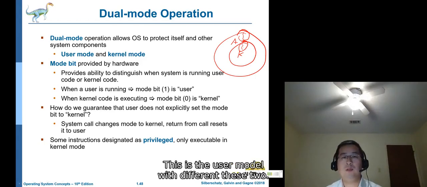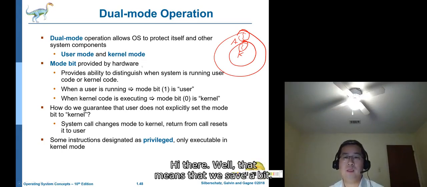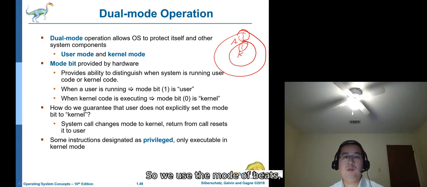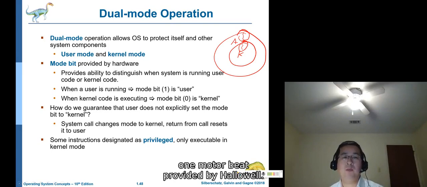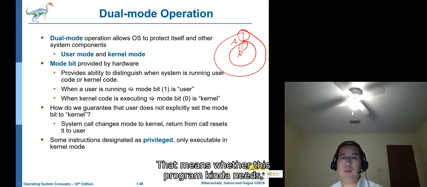We differentiate these two, and also we have hardware support for this. That means we save a bit. We use a mode bit to save this. The mode bit is provided by hardware. It provides the ability to distinguish whether the system is running in user mode or kernel mode. That means whether this program currently is running the user's code or the operating system code.